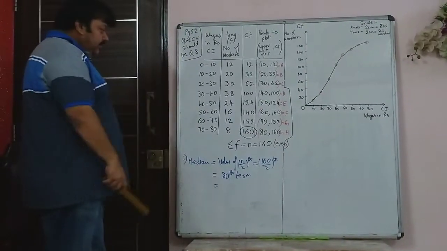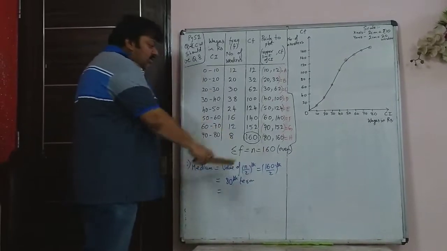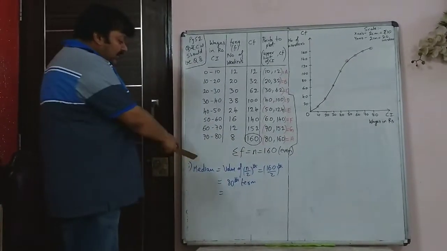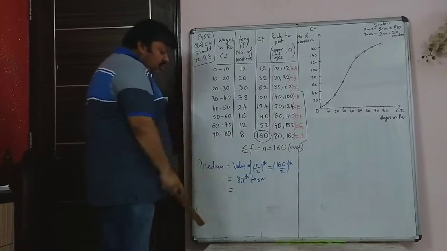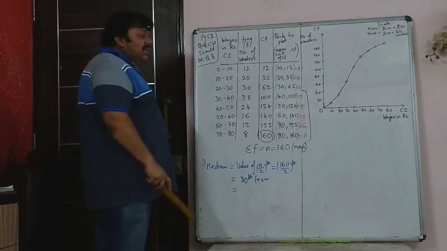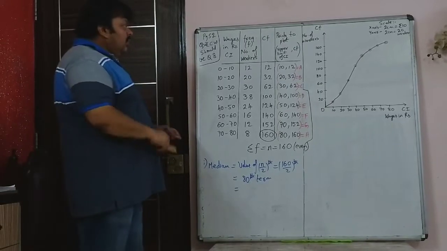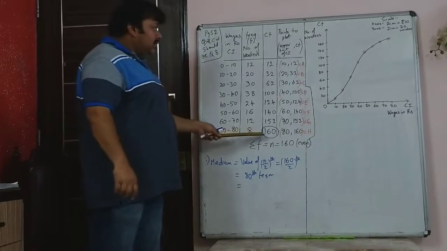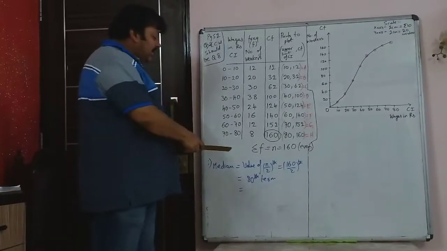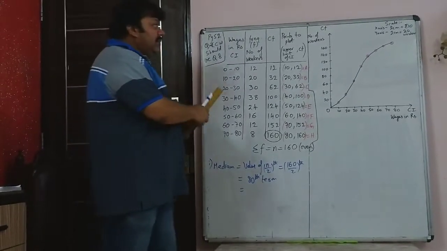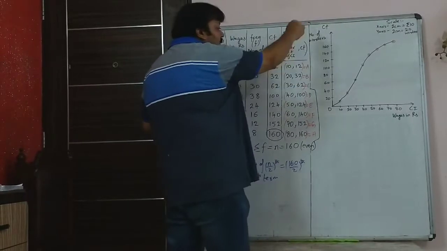So now here we have N as 160. To find the median, we have to find 160 upon 2, that is the 80th term. There are 160 workers in all, and what is the wage corresponding to the 80th worker? The y-axis is showing workers.